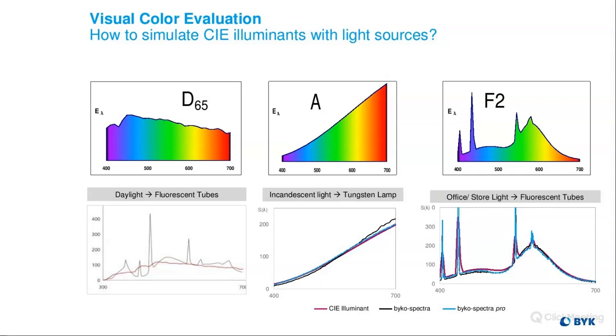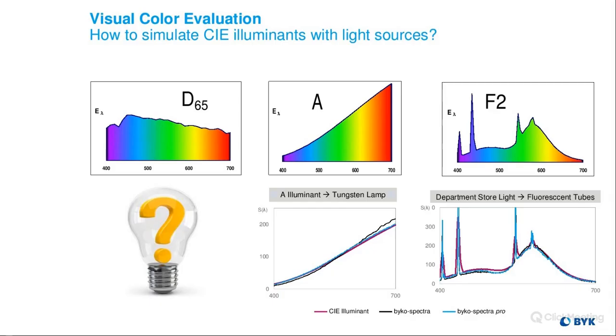Here and there you see that slightly differentiates between the two, but for the most part, they're very close to what the defined source is. And you'll find this across almost all other brands as well. They're very close. But for D65, we see that it uses fluorescent tubes, and it's not perfect, but it's technically good enough to replicate that D65 light source.